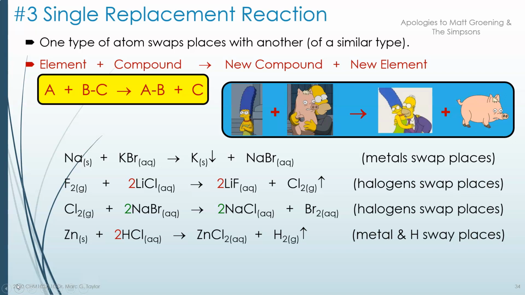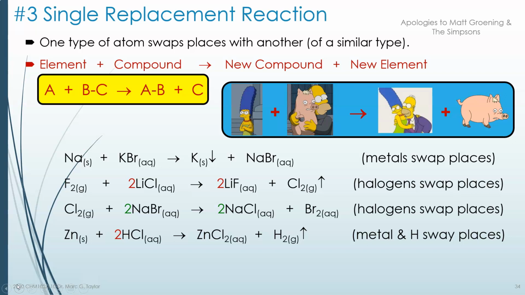You can also have metals swapping places with hydrogen. So hydrogen frequently will form cations in compounds, much more than it forms anions. You've learned that hydrogen can form H plus cation, but it can also form H minus hydride anion. But the vast majority of reactions with hydrogen involve cation formation or cation usage.